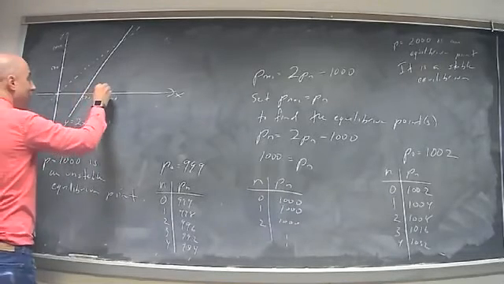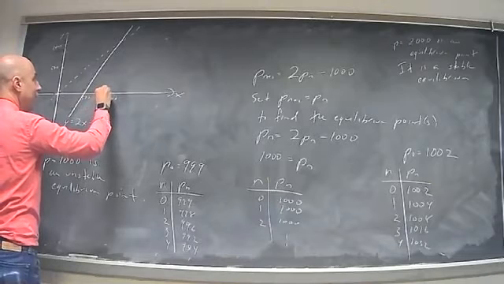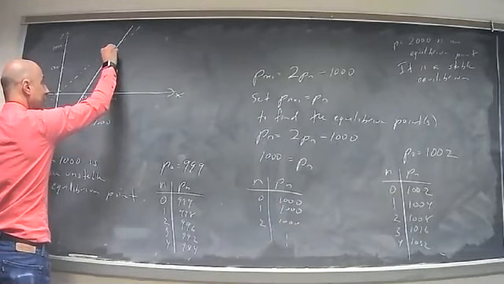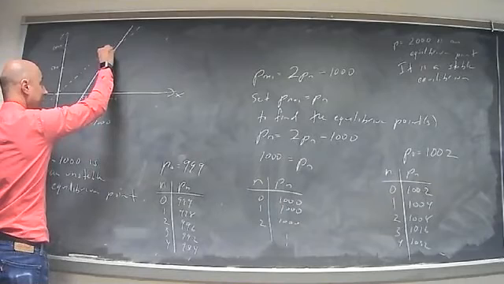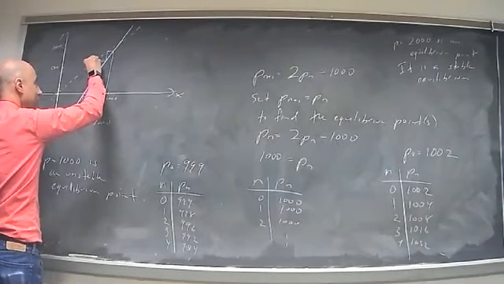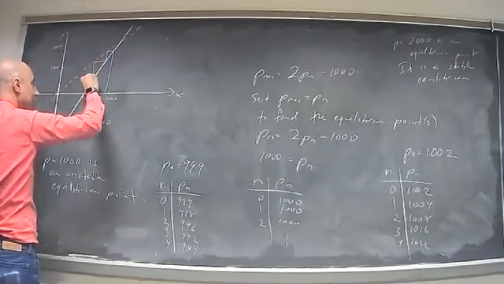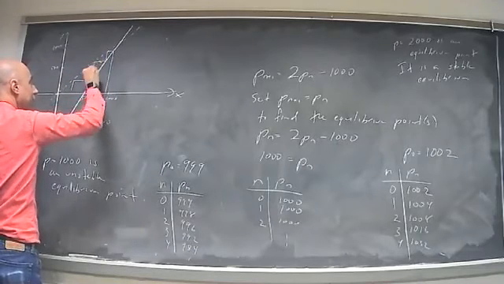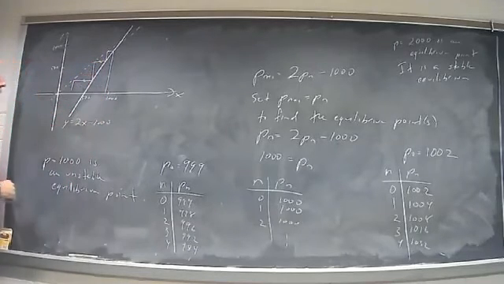If I start somewhere and I go up to the line and then go to the line y equals x and then go vertically to the line and then to the line y equals x, here you can see I'm moving steadily away from 1,000.